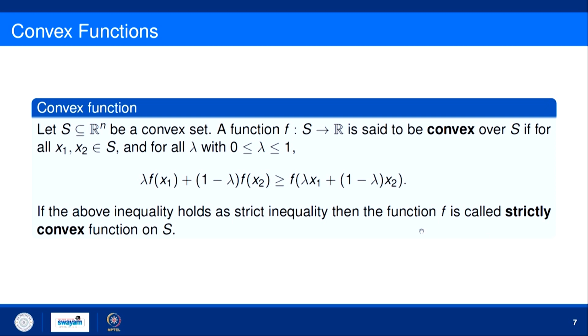So, let us try to analyze the definition of convex functions geometrically, so that one can understand how these functions are important. So, what is the definition of a convex function? That you have a function f from S to R, where S is a subset of Rn, a convex set.